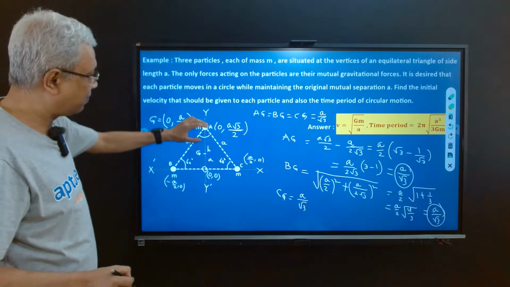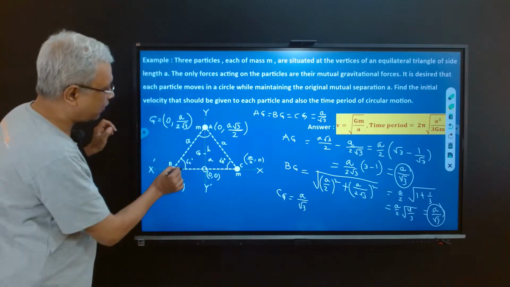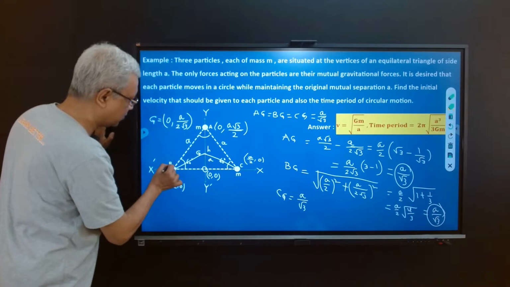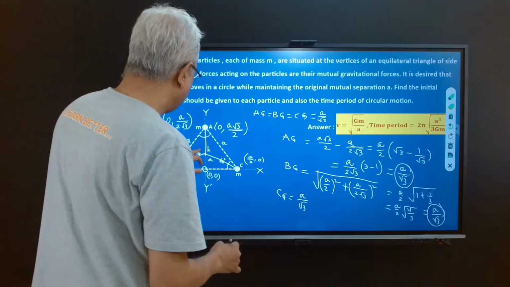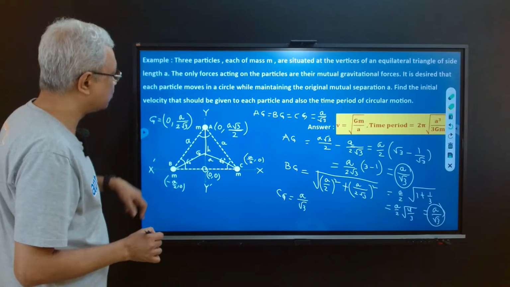So the center of mass of these three masses is equidistant from all the three particles. This distance equal to this distance equal to this distance. Moreover, see, G's coordinate is a by 2 root 3.